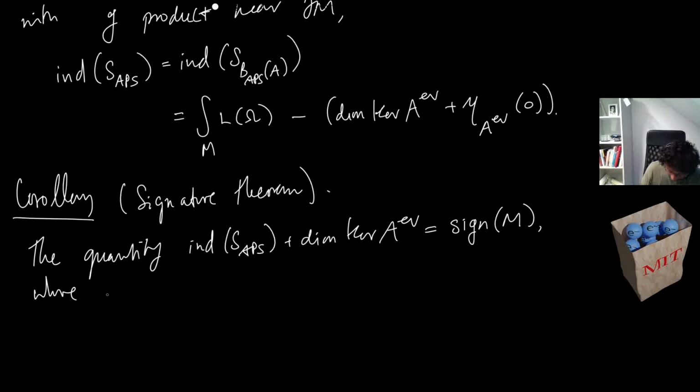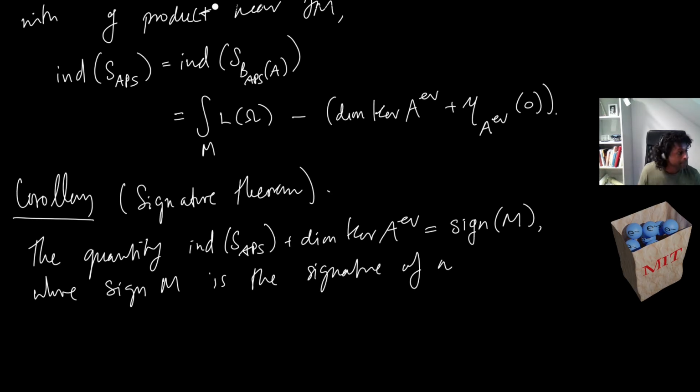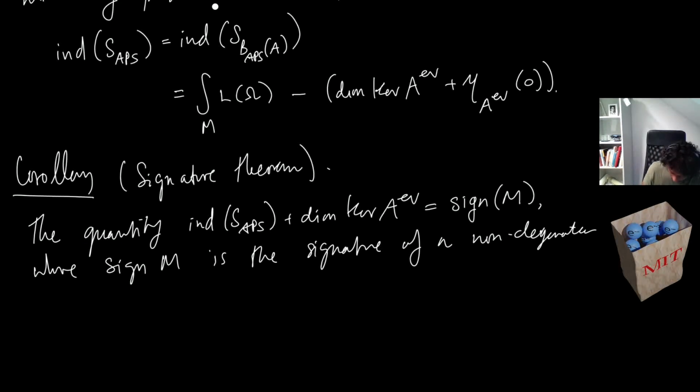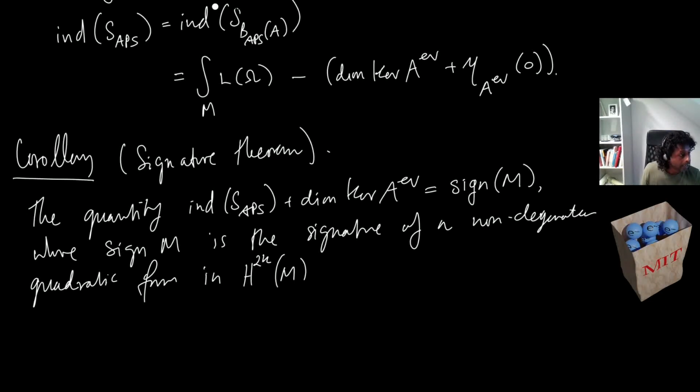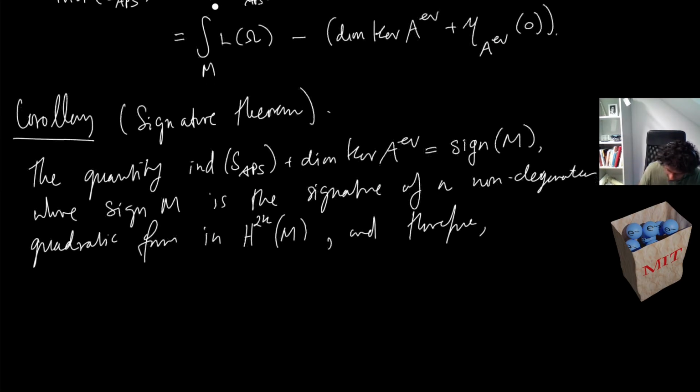where sign M is the signature of a non-degenerate quadratic form in the cohomology H^2k of M, sorry, and therefore, what do we have?